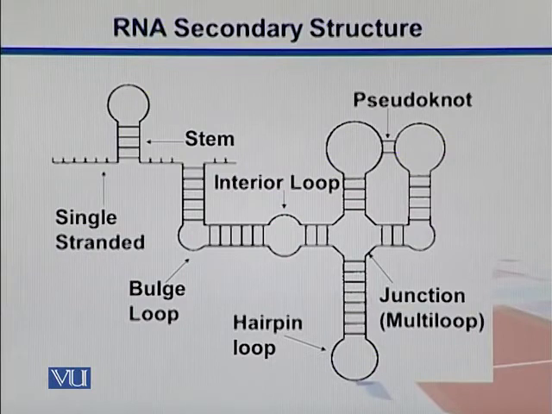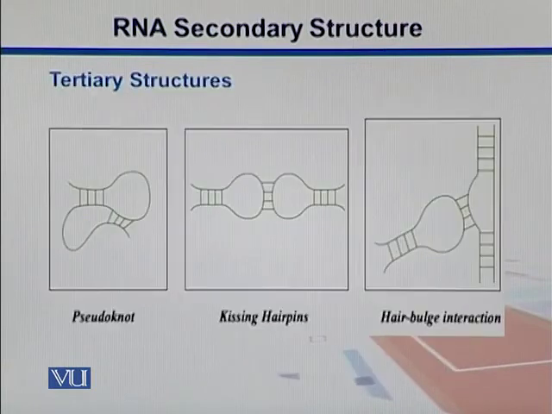Sometimes those loops start interacting with one another. These structures are what we call pseudoknots. Pseudoknots create instability in the structure, so normally they are not wanted as far as the secondary structure is concerned. And most RNA prediction algorithms lack the ability to predict those pseudoknots.